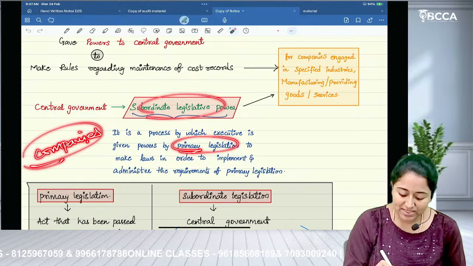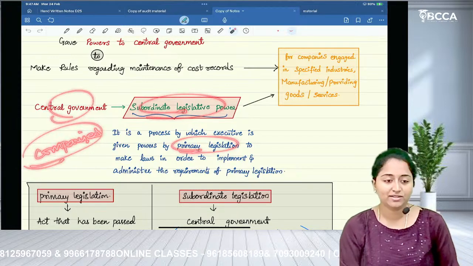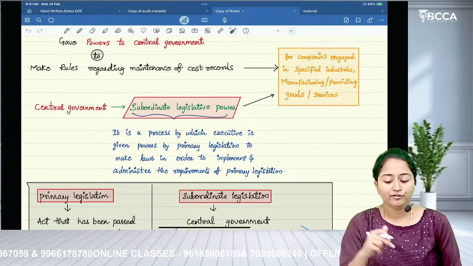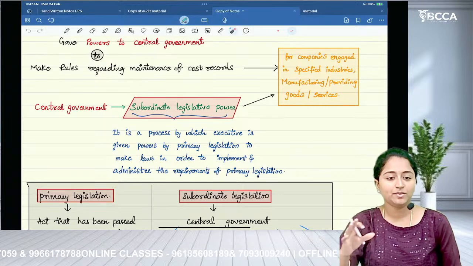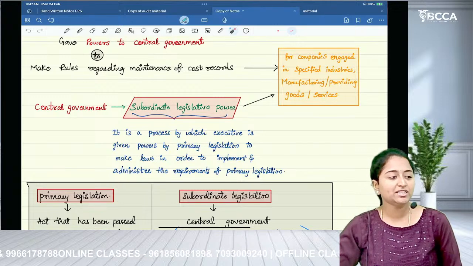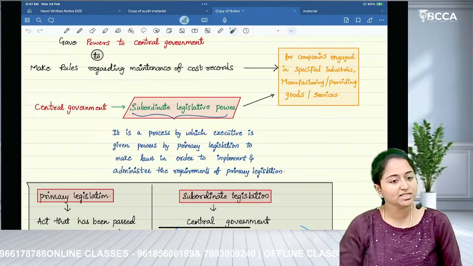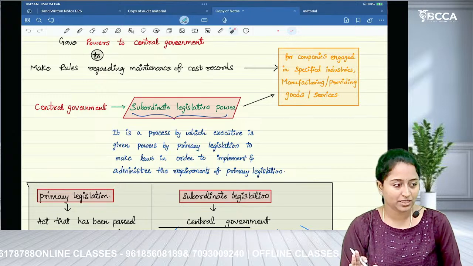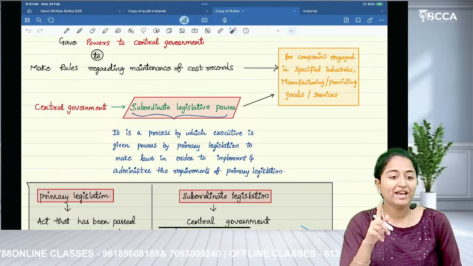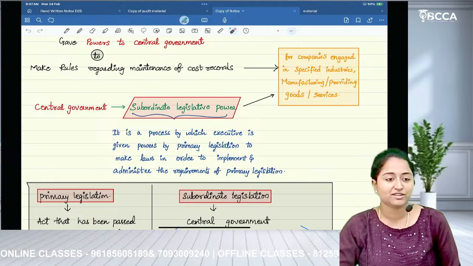This legislation power of the central government is a process. It is not a one-time thing. If for this particular financial year the central government thinks this is enough, it will keep it. In the next financial year, if they want to make any further changes, they will do so. It is not a one-time thing. The act passed in the Parliament is a one-time thing. If they want to revise it again, then that's different.